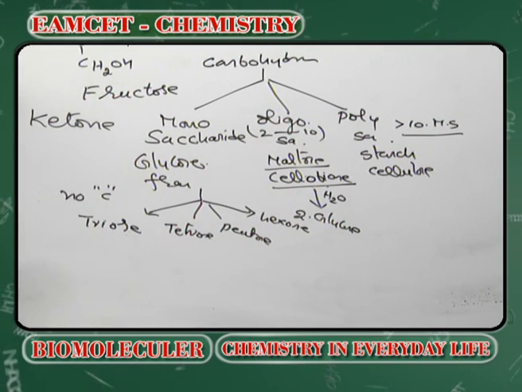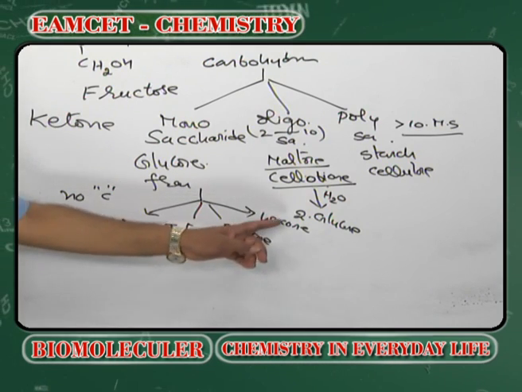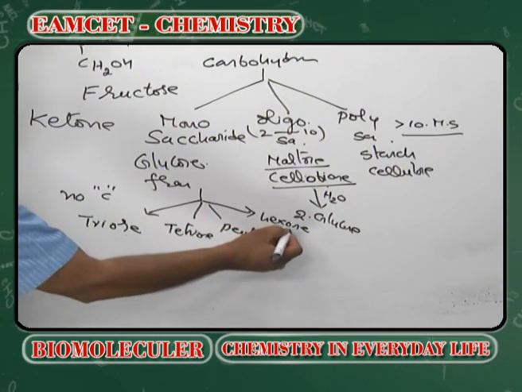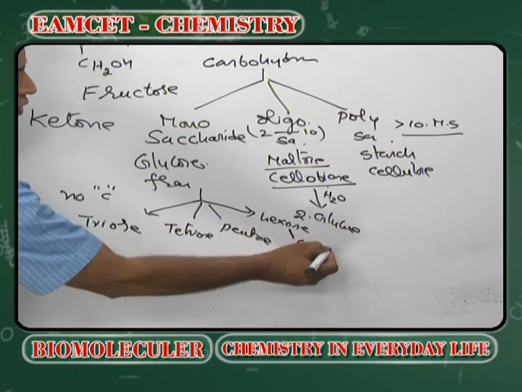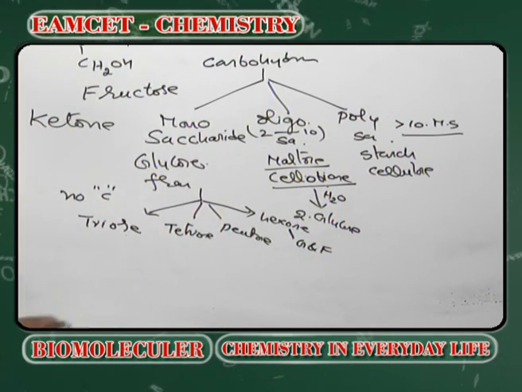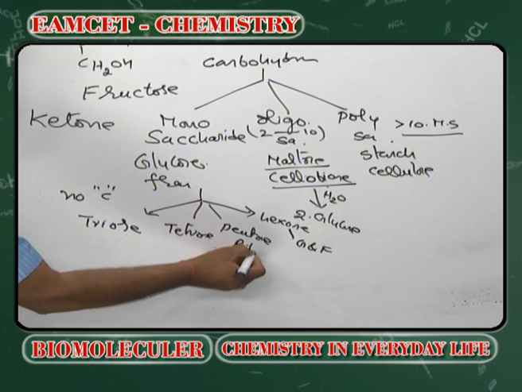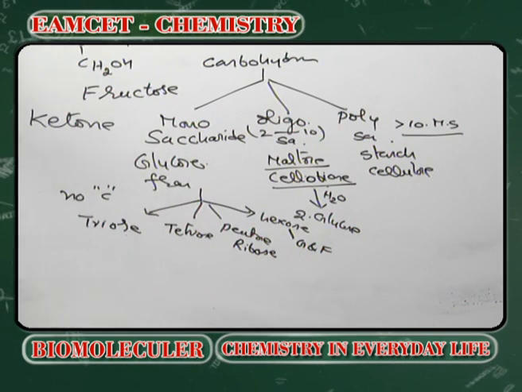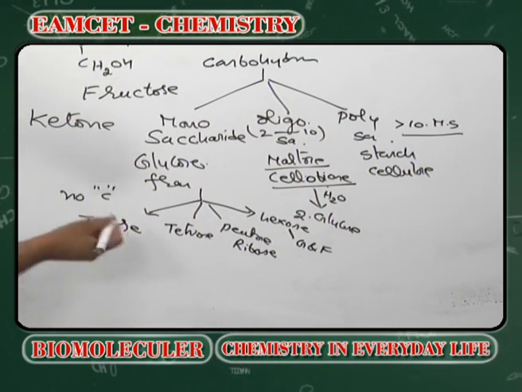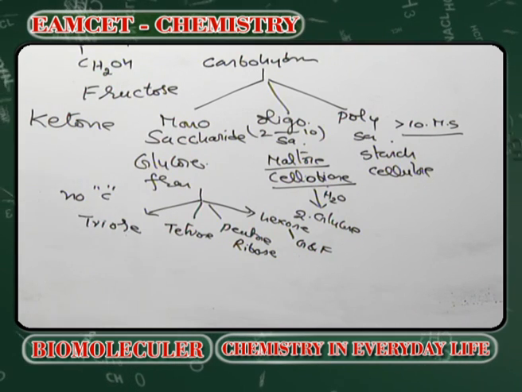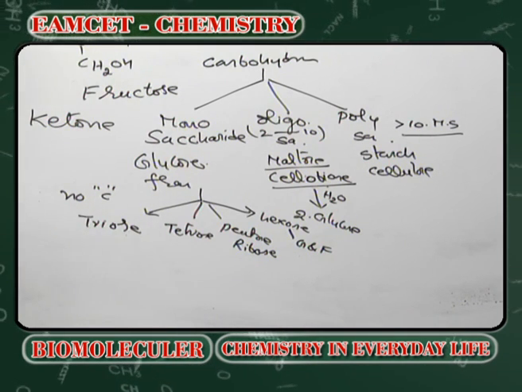In hexose we get glucose and fructose. In pentose we have ribose, which is important in DNA and RNA construction. In tetrose we have erythrose and threose and so on. For triose, glyceraldehyde is the example.